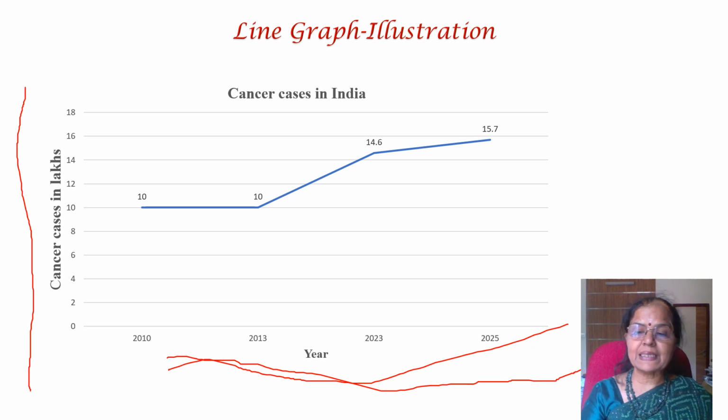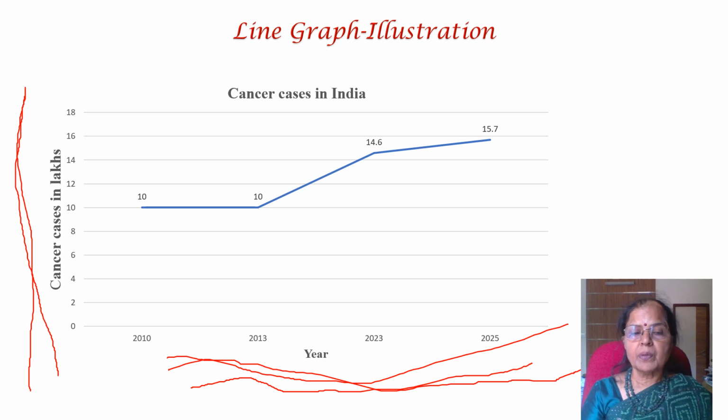These numbers represent lakhs. So the x-axis is the independent variable. The year is the independent variable and the number of cancer cases is the dependent variable, and it is marked on the y-axis because the number of cases depends on the year. As the years go by, the number of cases increases or decreases, whatever the case may be.